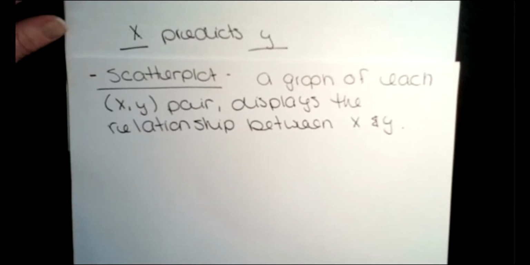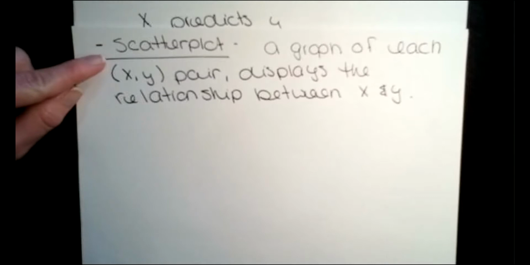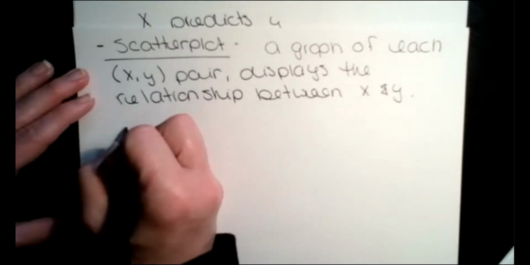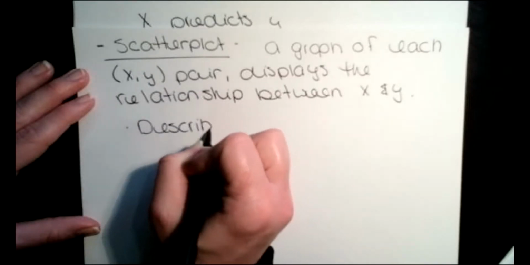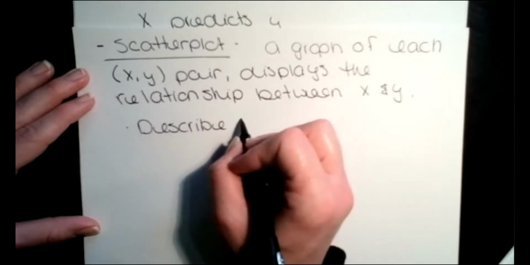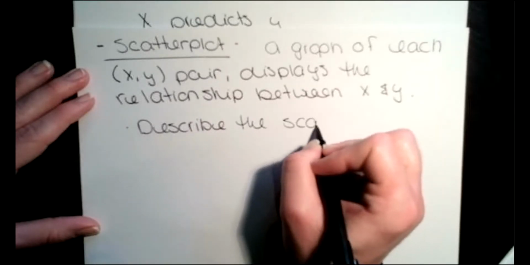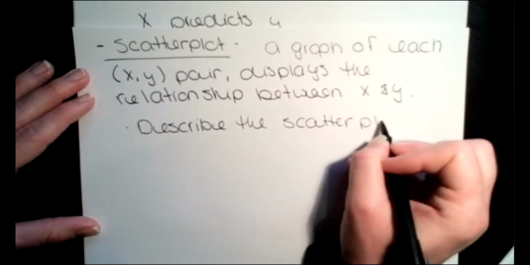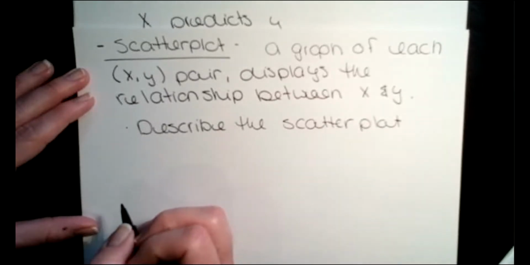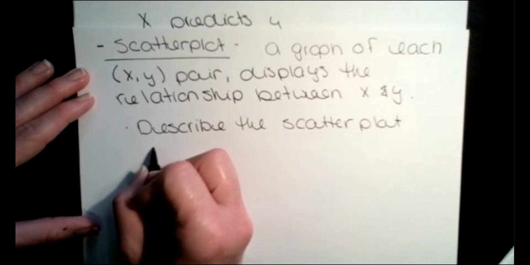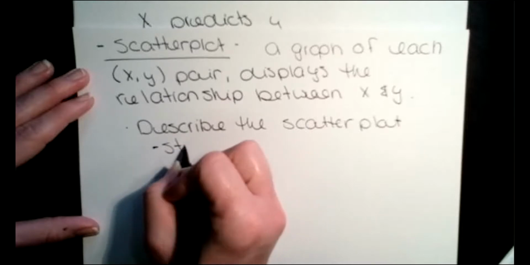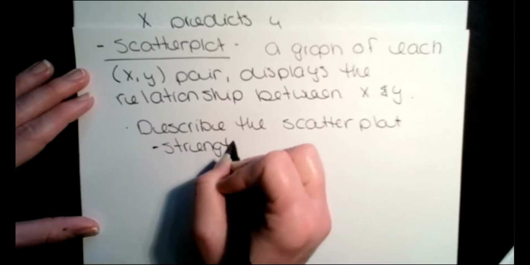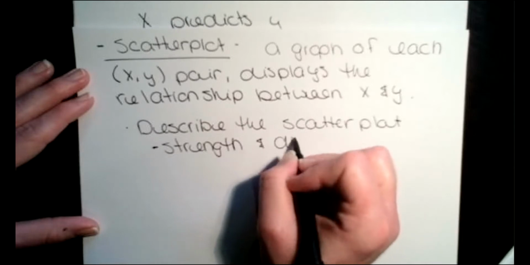So we have a few things we can look at and we can do. When we're looking at a scatter plot, we can describe the strength and direction.